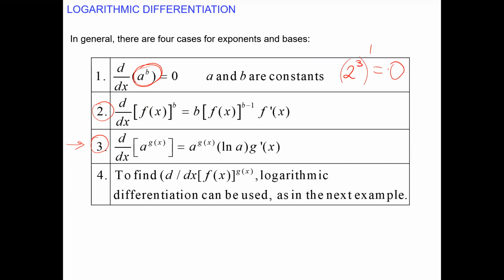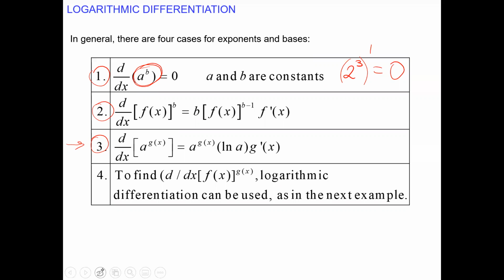Derivative of constant is 0. Sometimes number 2 and number 3 are a little bit mixed together, but please always note, if x is placed in the exponent, we follow the exponential formulas. If x is placed in the base, we follow the power rule.